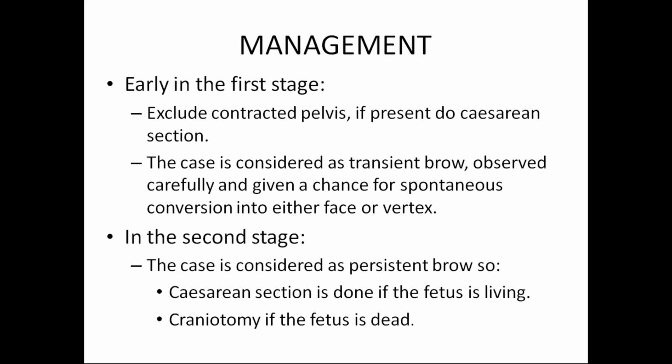In the second stage, it is usually a persistent presentation, so always do a C-section. If the patient has come late in labor with evidence of obstructed labor, then also, in modern obstetrics, it is better to do a C-section in the interest of the mother, even though the baby is not living. In previous days, they used to do craniotomy if the fetus was dead.